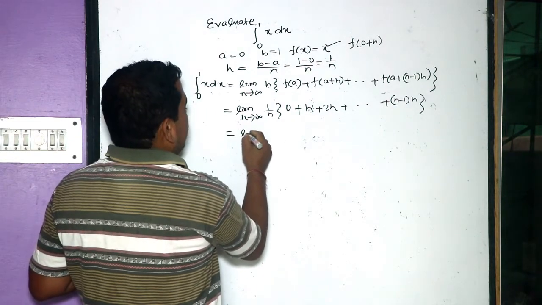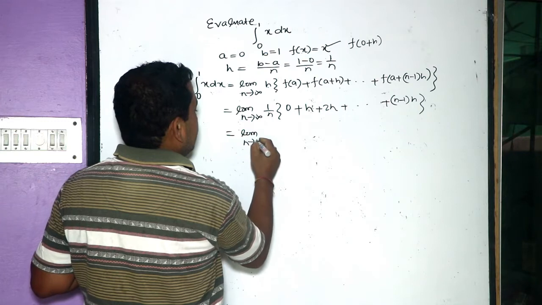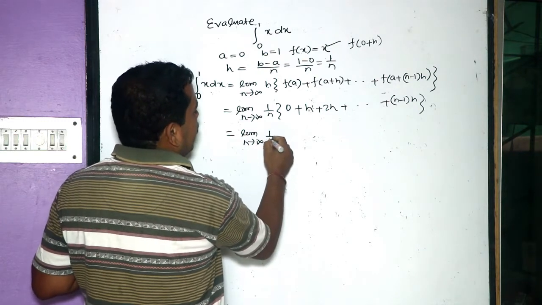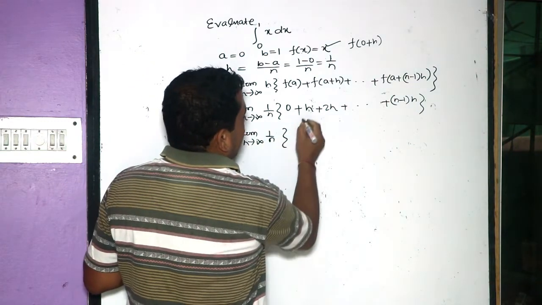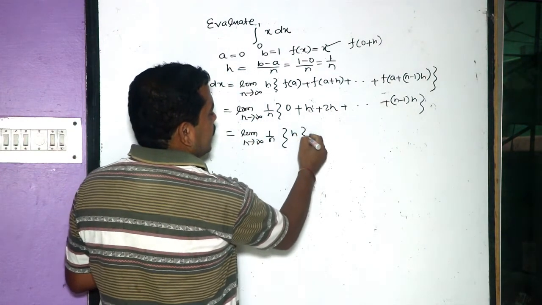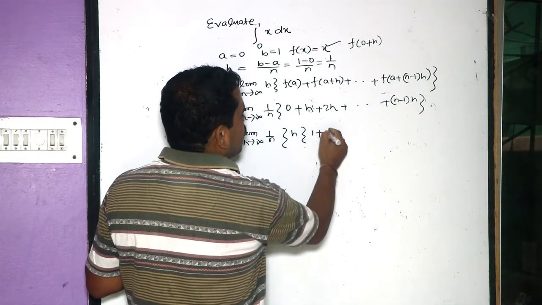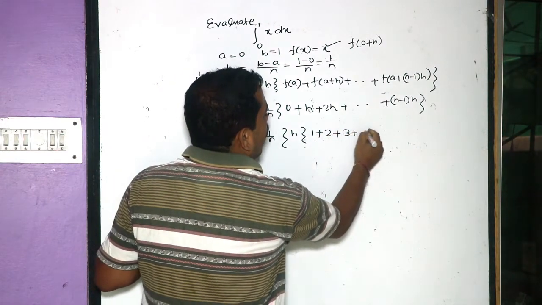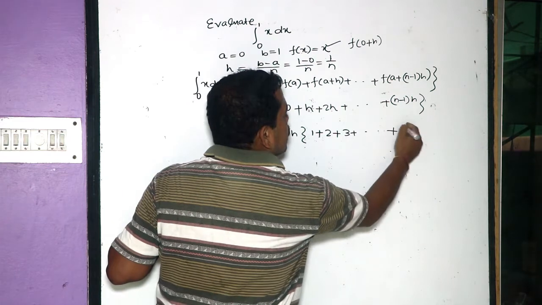Now limit n tends to infinity 1 by n, and here h, 2h up to (n minus 1)h.